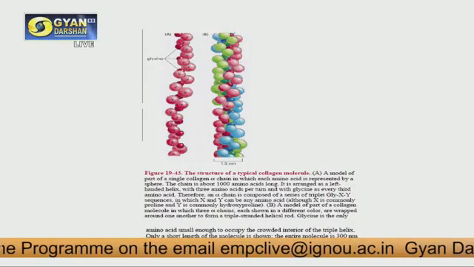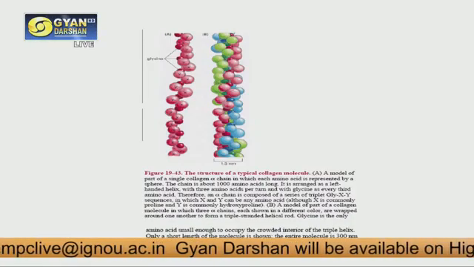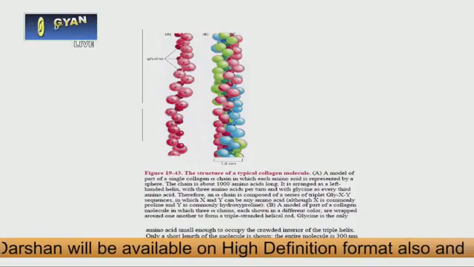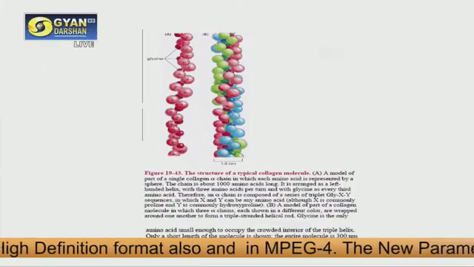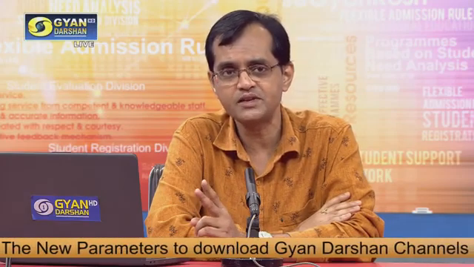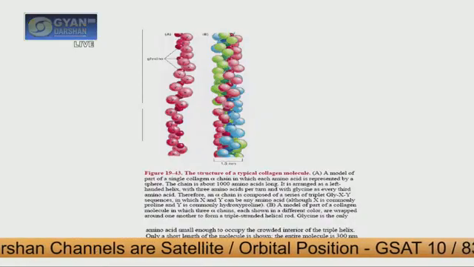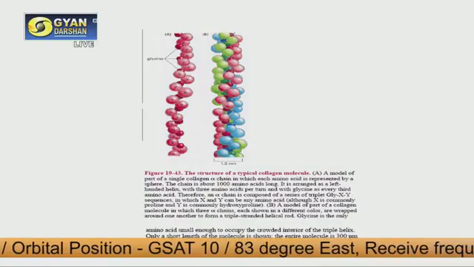Now an alpha chain is composed of a series of triplets, that is Gly-X-Y. Gly is always fixed, as I said, because every third amino acid is glycine. The other two, X and Y, can be any amino acid, although X is commonly proline and Y is commonly hydroxyproline.